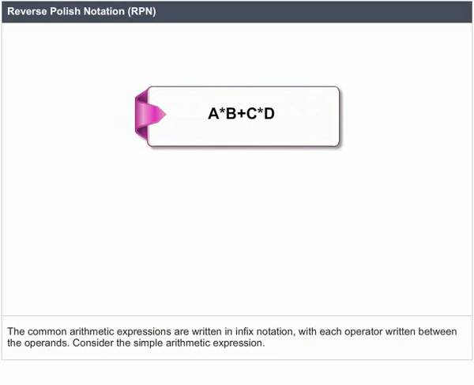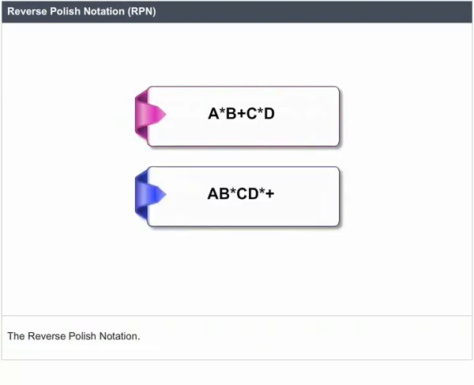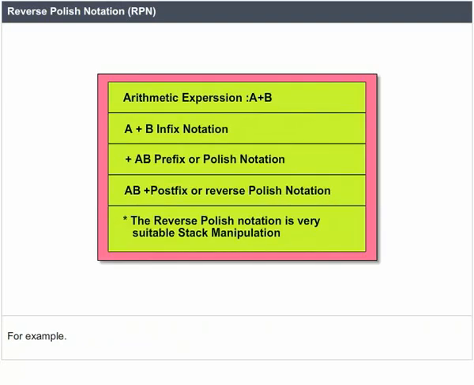Consider the simple arithmetic expression A star B plus C star D. The reverse Polish notation is AB star CD star plus. For example, the arithmetic expression A plus B is infix notation, plus AB is prefix or Polish notation, and AB plus is postfix or reverse Polish notation. The reverse Polish notation is very suitable for stack manipulation.